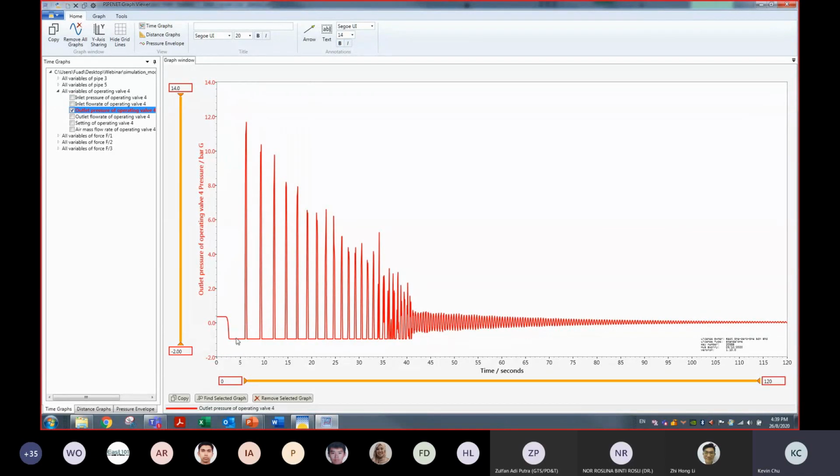So this indicates that the pressure of the liquid has gone below the vapor pressure. If the pressure goes below the vapor pressure, this implies that a vapor gap is formed in the pipe.